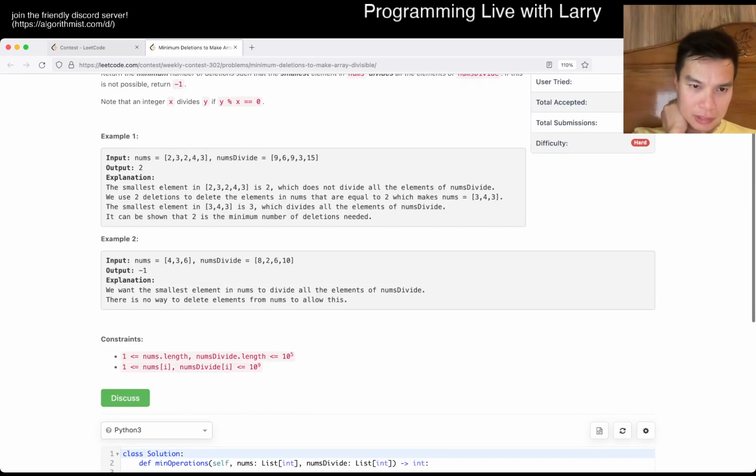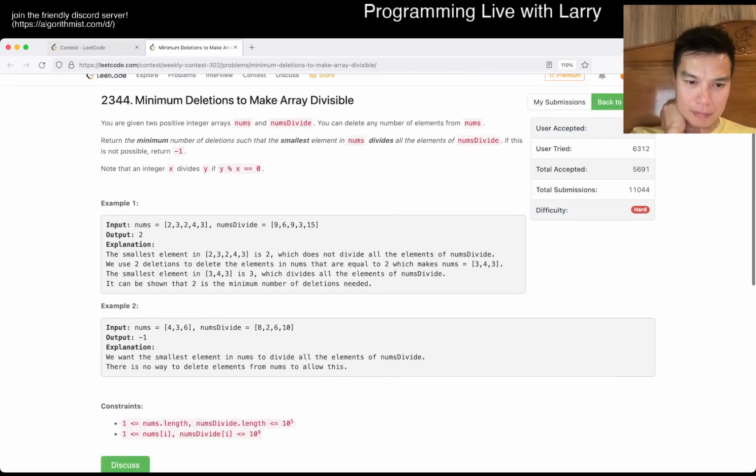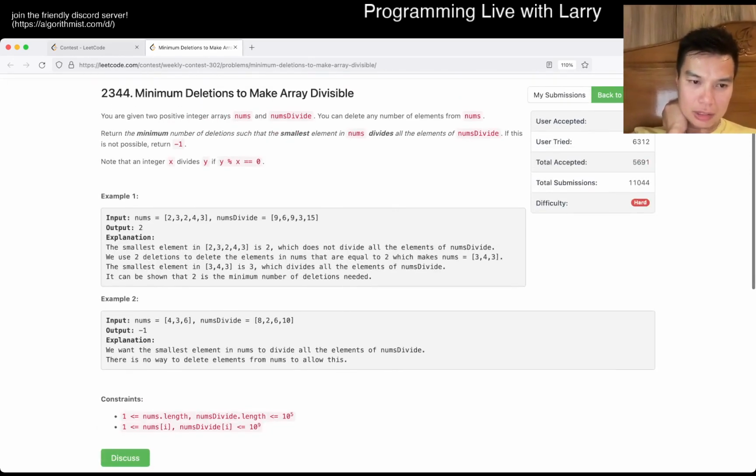Okay, what does that mean? Let's see, what do we want it to mean? Think about this. I feel like there's a couple of ways I can do it.